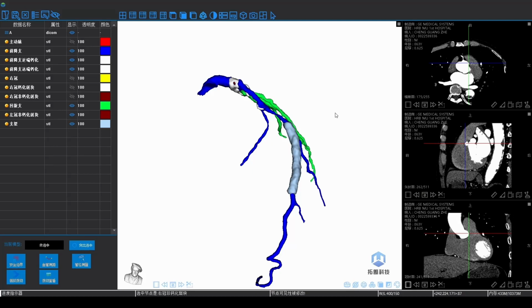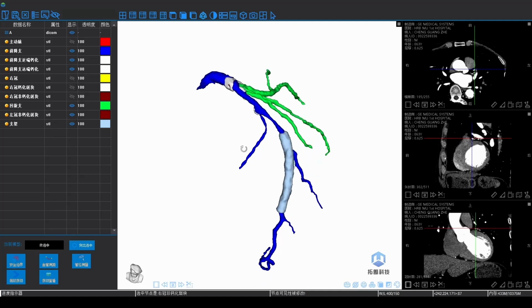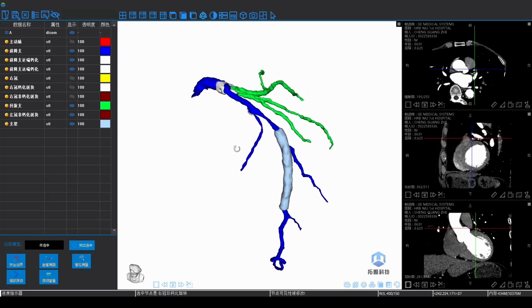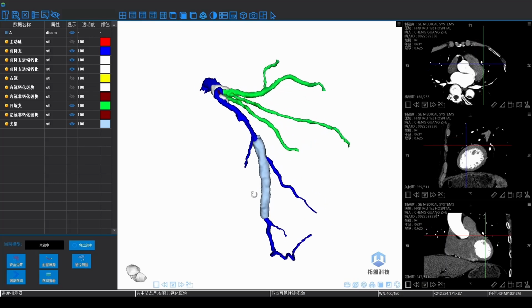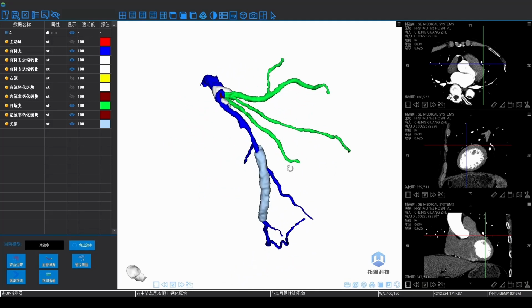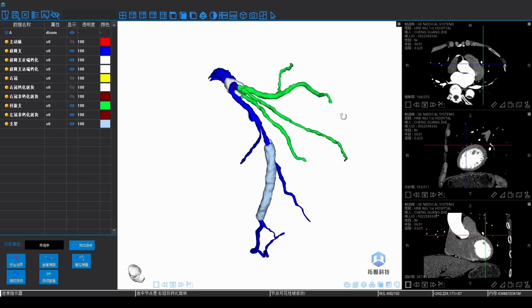There is also severe stenosis in the proximal LAD, and we can see that the severe calcification is in the proximal LAD and also in the ostium of the LCX. Now let's rotate the model, and we can see there's almost 360-degree calcification.